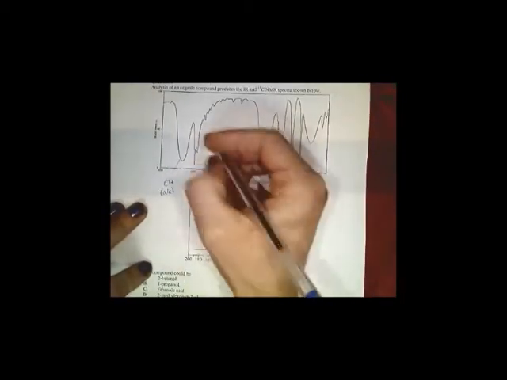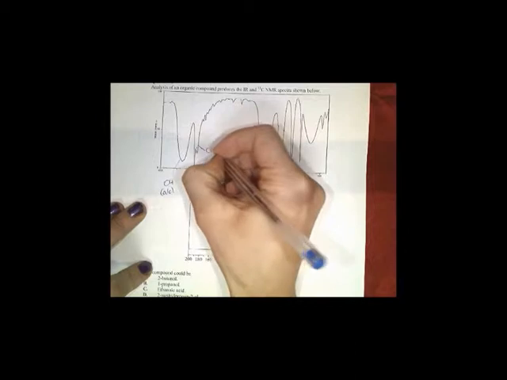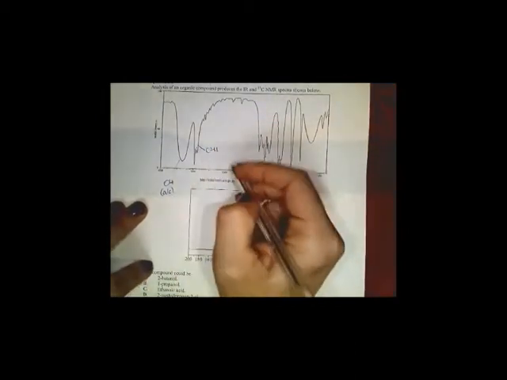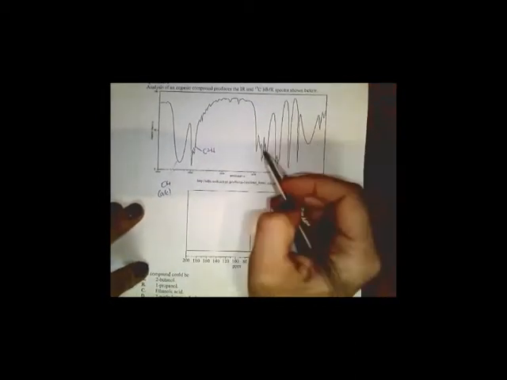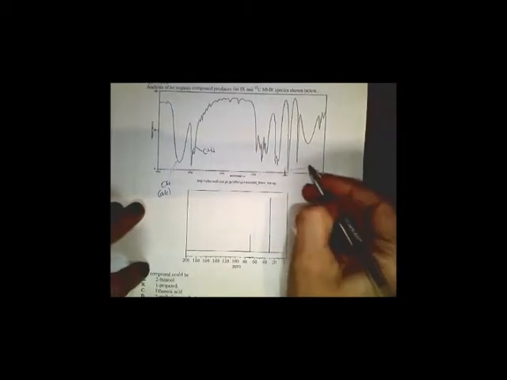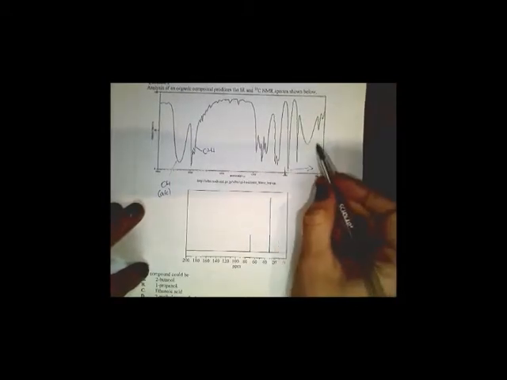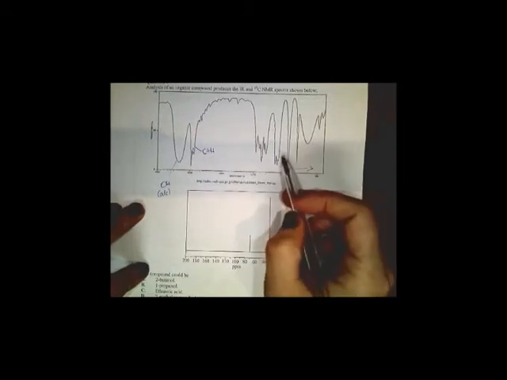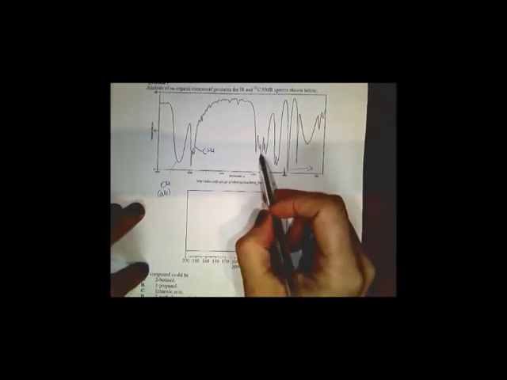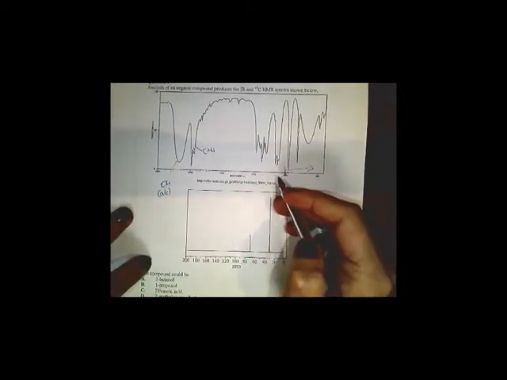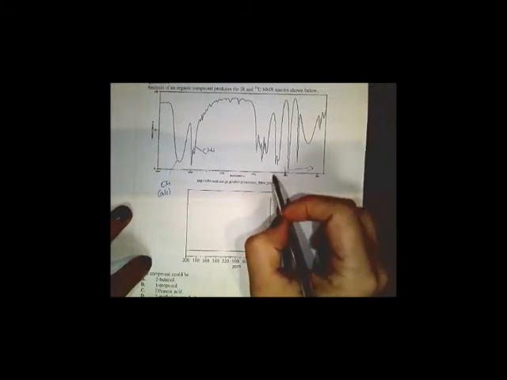This is a CH, and a lot of your organics will have a CH, almost all of them. And here we have the fingerprint region, which is for identifying the molecule as a whole and not really identification of functional groups. Here we might have a CO group, which would be 1,000 to 1,300, so around here would be our CO group. Okay, but anyway, so we have an alcohol.